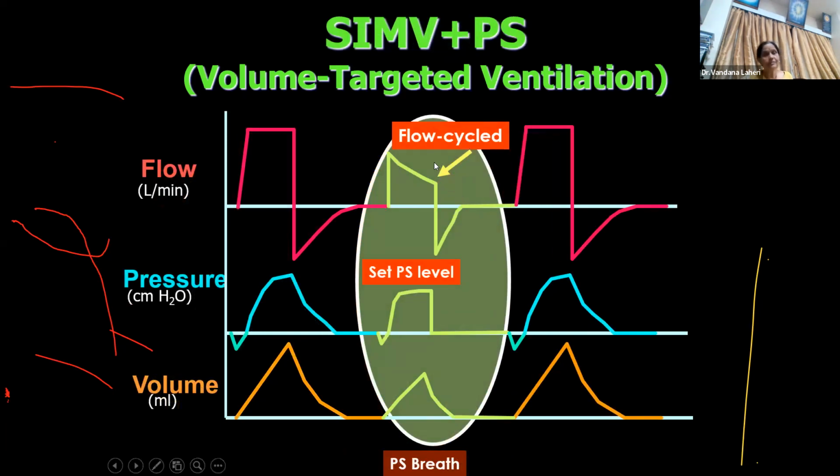Now, please note, these modes are called flow cycled. The spontaneous breaths that you give on a pressure support mode are called flow cycled. Why flow cycled? Because when the patient is breathing spontaneously, he is provided some pressure support. Inspiration will continue till the flow falls to zero, right? You can't wait till flow falls to zero because it may go on for so many minutes.